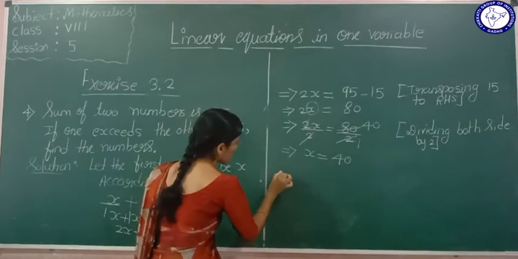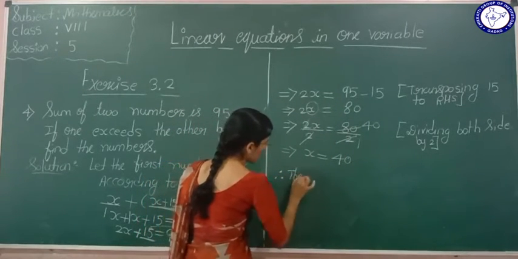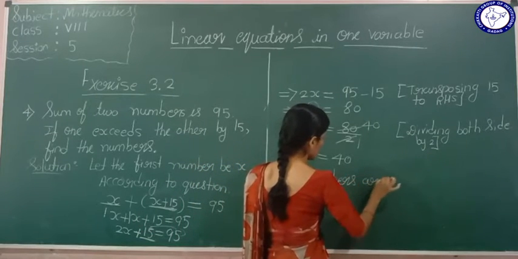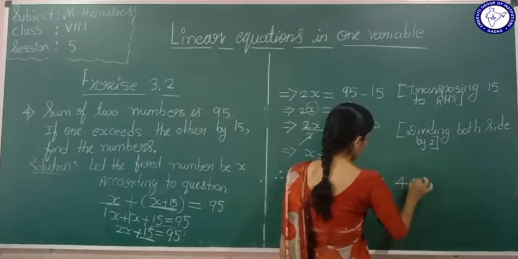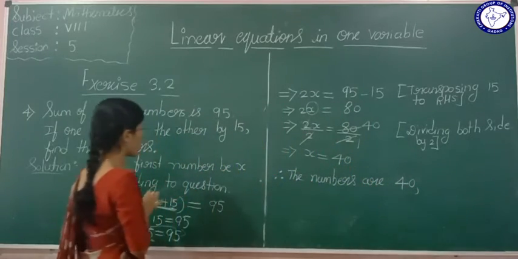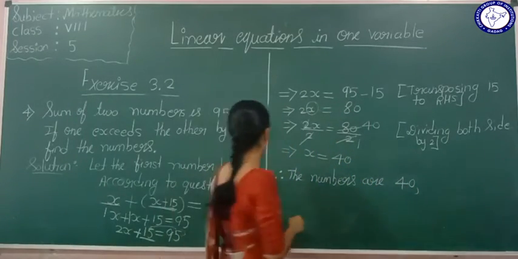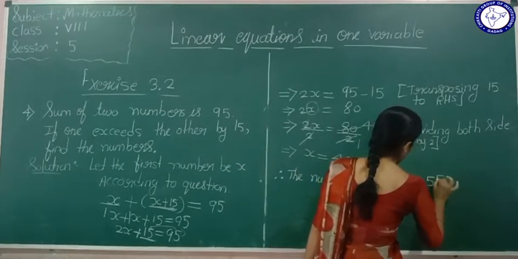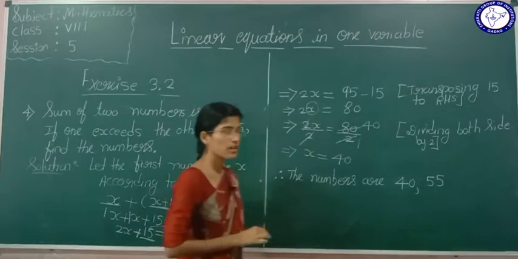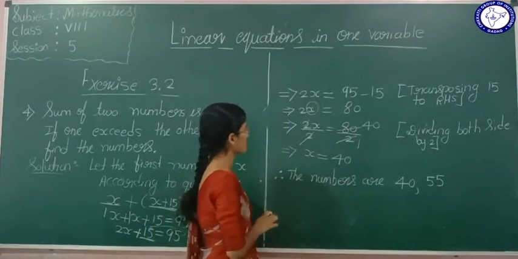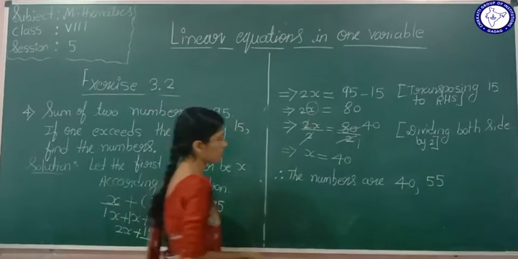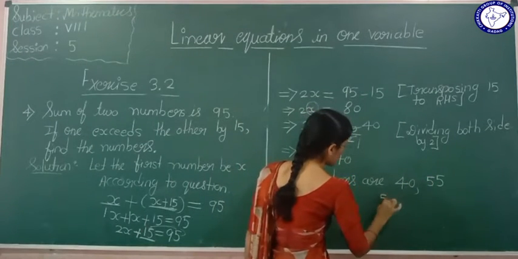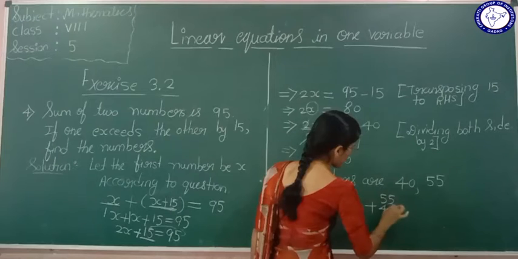Okay, find the numbers. Therefore, the numbers are 40. The first number we took as 40, and what about the second number? 40 plus 15, it is 55. Now add these two. Is it 95 here? 55 plus 40. What is 55 plus 40?